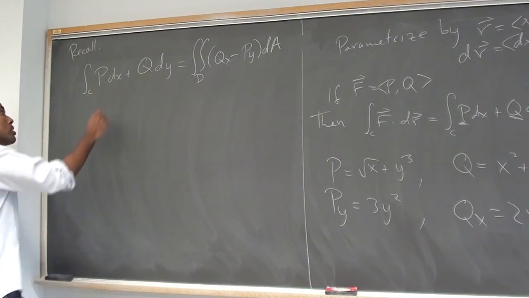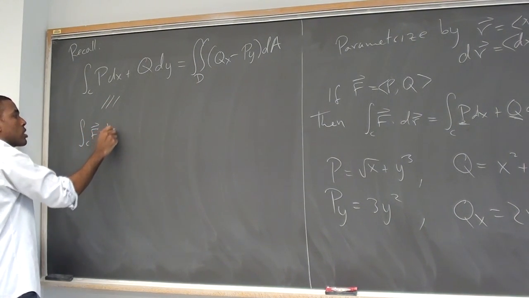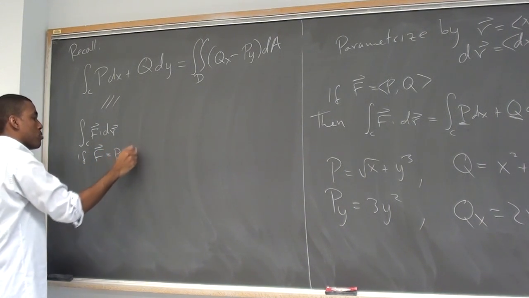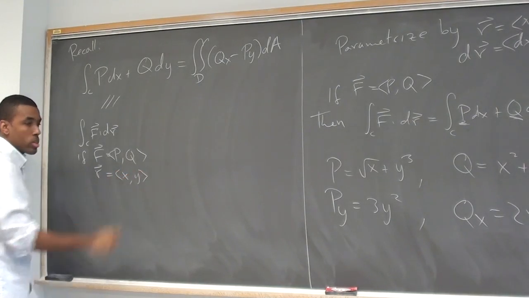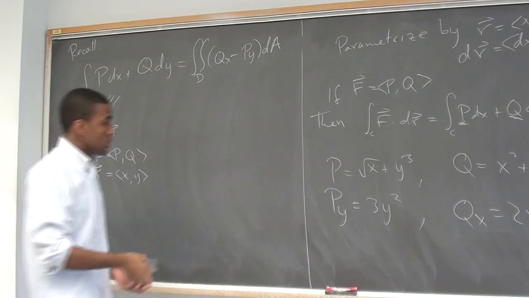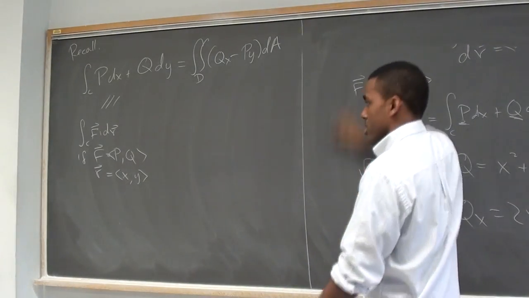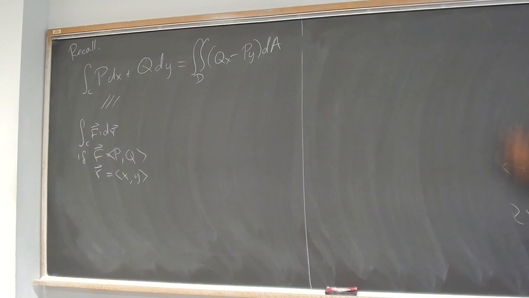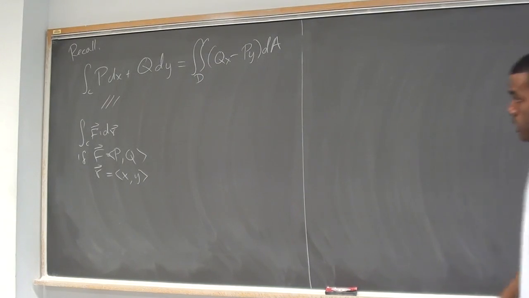And like we said, this is equivalent to F dot dr if F is P, Q and you take r to be parameterized by the coordinates themselves, x, y. So this is Green's theorem: it works in 2 dimensions, for piecewise smooth closed curves. If you do not have these conditions, you cannot apply Green's theorem. But that was Green's theorem.